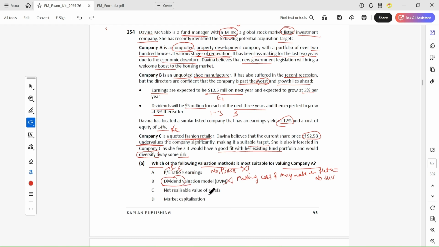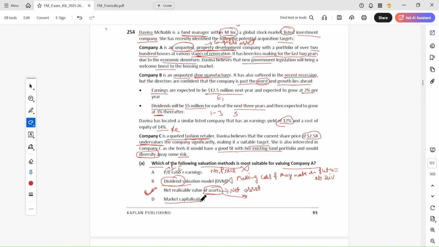So net realizable value of assets. Because this is a property development company and it has lots of tangible assets, this NRV is the net asset based method. So this method can be used in this company.